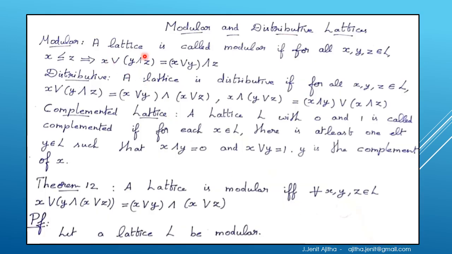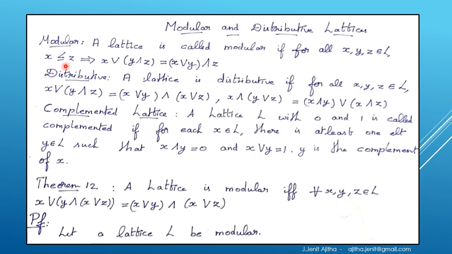And now we shall see the definitions for modular, distributive and complemented lattice. A lattice is called modular if for all x, y, z belongs to L, x is related to z. So this symbol less than or equal to is nothing but the relation.